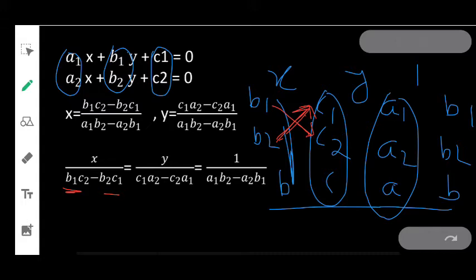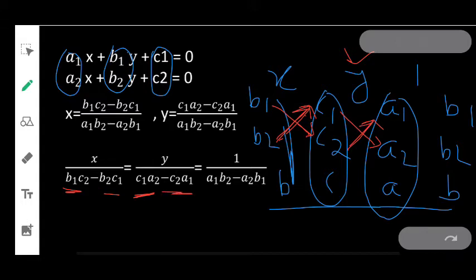Now coming to y, same method. From the left side, top to bottom it is c1 a2, then bottom to top c2 a1. So c1 a2 minus c2 a1.